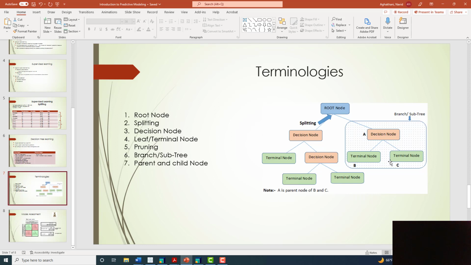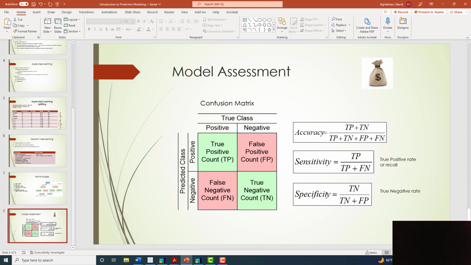Finally, once we build a decision tree model or any supervised learning algorithm, we are going to evaluate the performance of that model using a metric called accuracy.